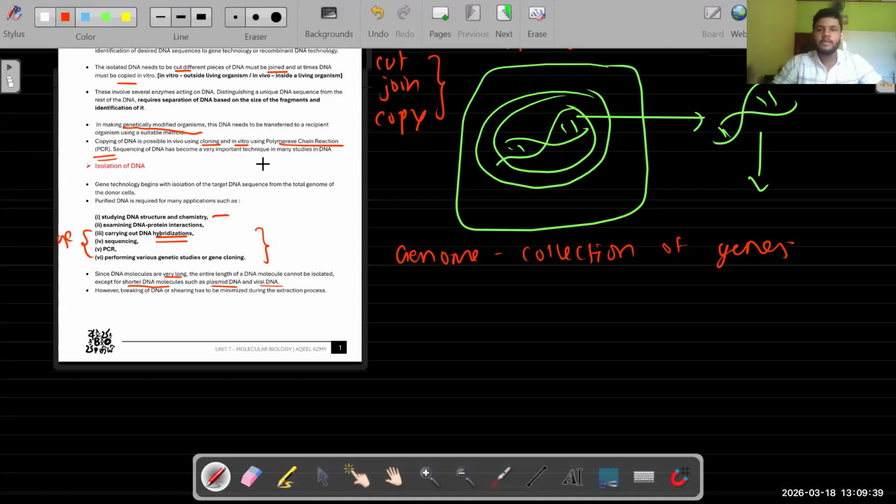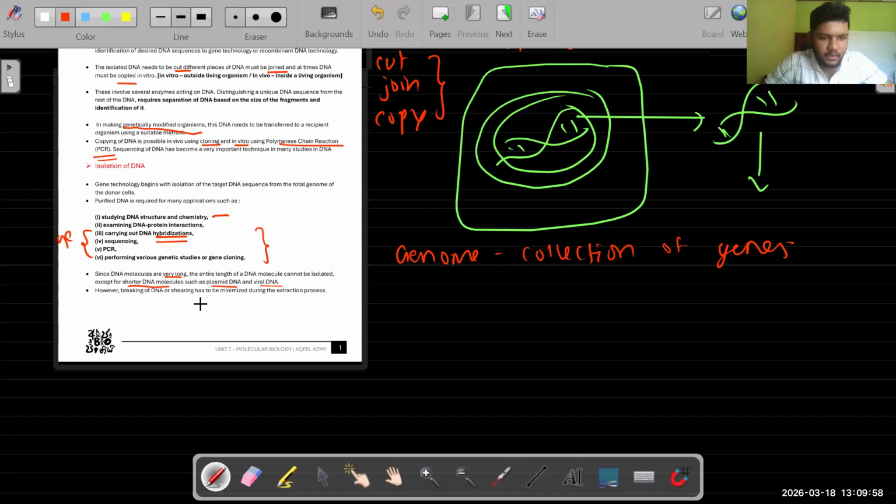So if we want to insert this into another organism, we can't extract the complete DNA molecule, right? Instead, we'll be cutting them and extracting. Can you understand how enzymes are used in this process? Enzymes are the ones that are useful in cutting the DNA molecule and extracting, right?